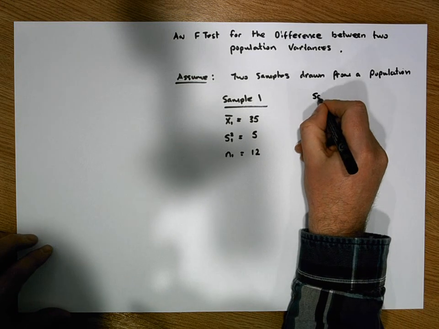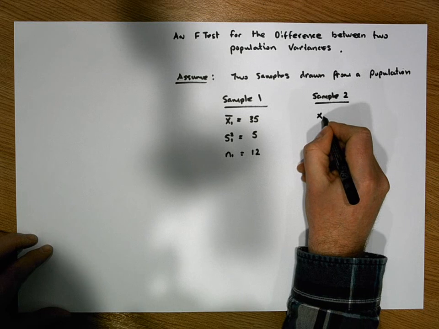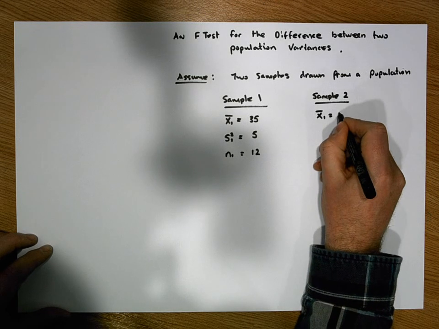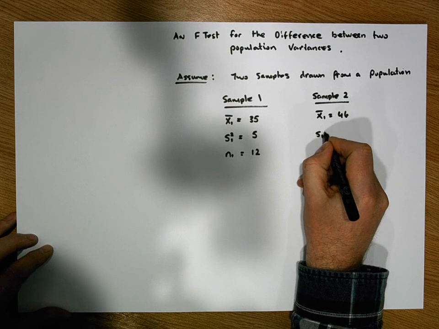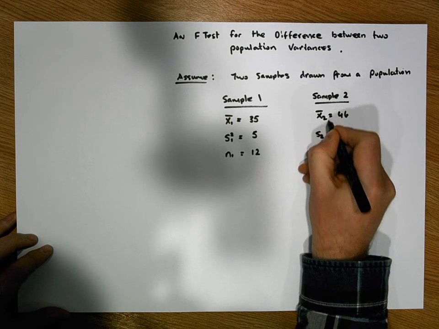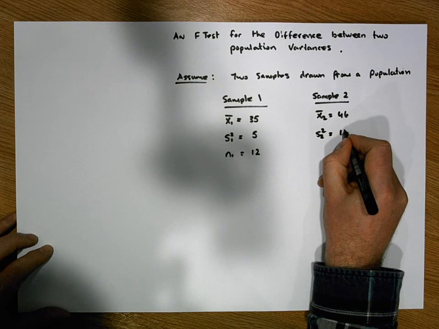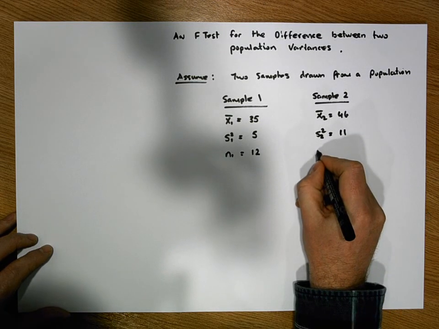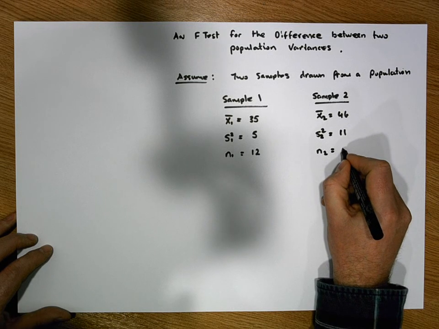And let's say our second sample, sample 2, has a mean value of €46, a variance, s squared 2, of €11, and a sample size of 14.